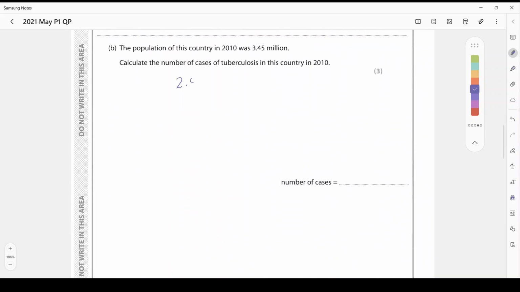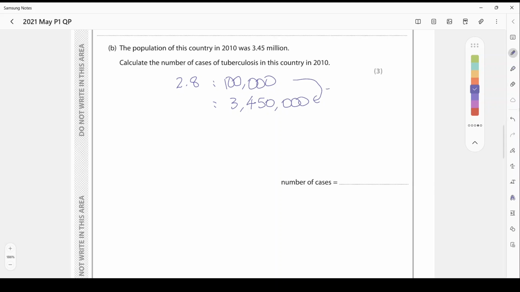So it's 2.8 people per 100,000. And in this country, there is 3.45 million. So that'll be 3,450,000. So this is a ratio question. What you do to the right-hand side, you do to the left-hand side.